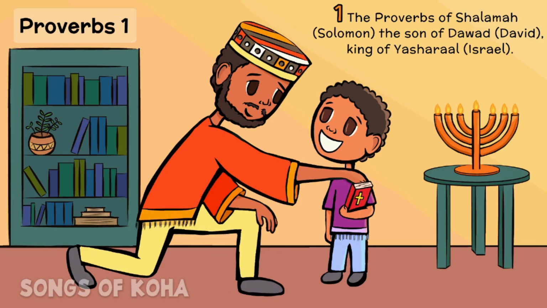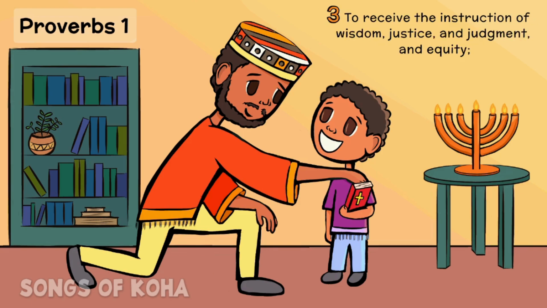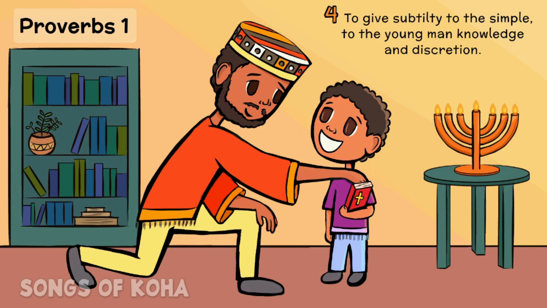Proverbs chapter 1. The Proverbs of Solomon, the son of David, king of Israel. To know wisdom and instruction, to perceive the words of understanding, to receive the instruction of wisdom, justice, and judgment and equity, to give subtlety to the simple, to the young man knowledge and discretion.